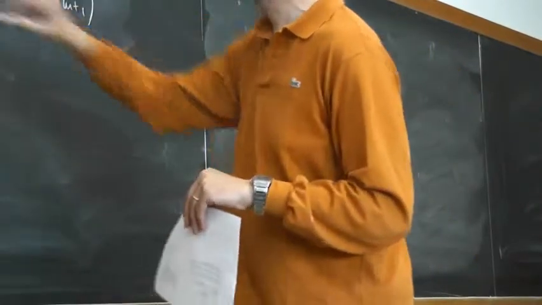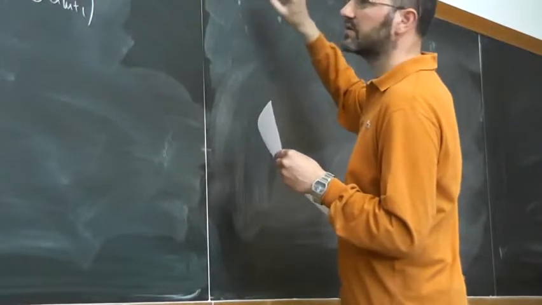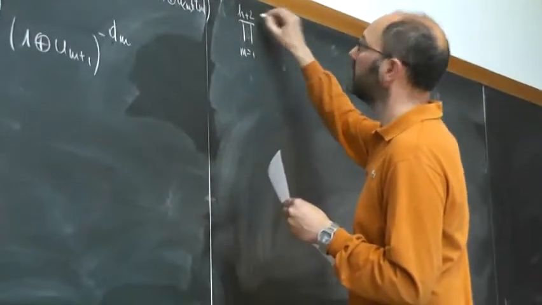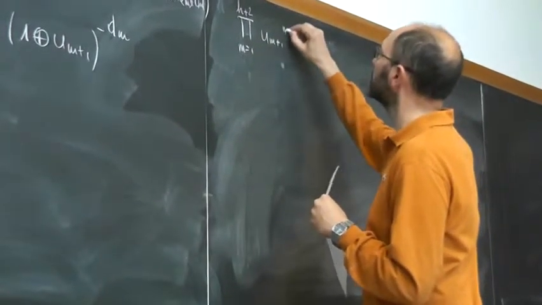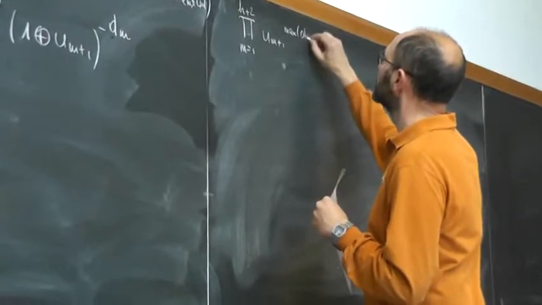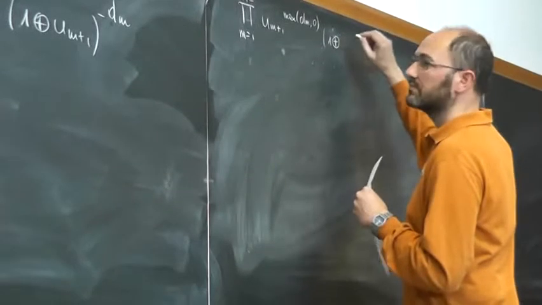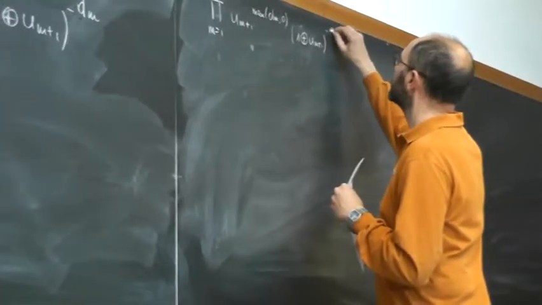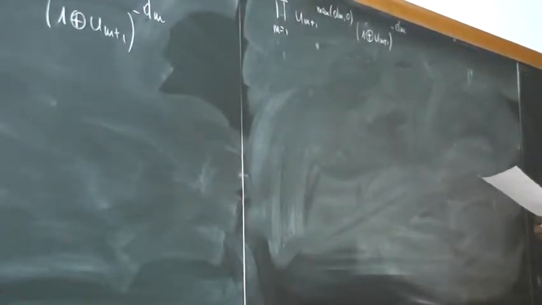So we have to prove that this is 1, and we consider this product h plus 2, n plus 1, bn 0, minus m.